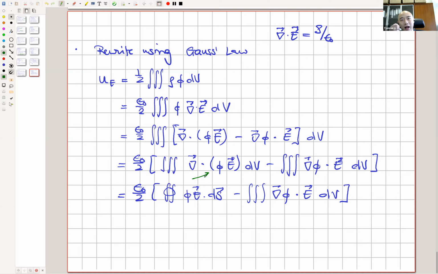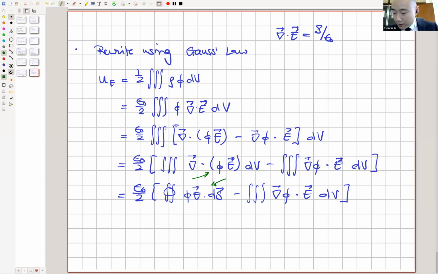Now, alternatively, if I look at this element over here, I'm allowed to place the surface anywhere that I want. This is a trick that we've seen last time as well, right? In principle, I can put this surface anywhere, and suppose I put this surface at infinity, then as long as the fields vanish there, I'm good.